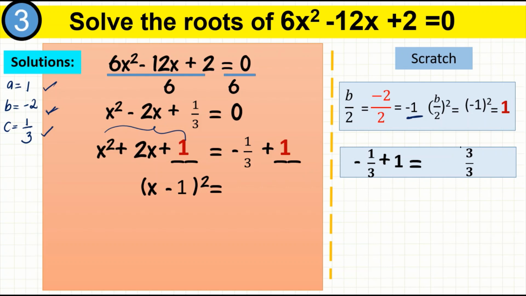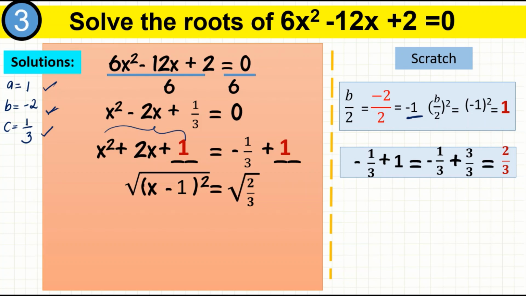We can write 1 as 3 over 3 in such a way na magkakaparehas tayo ng denominator. Okay, and then we have negative 1/3 plus 3/3. So, negative 1 plus 3 is equal to 2. And then copy the denominator, which is 3. So, the right side is 2 over 3.